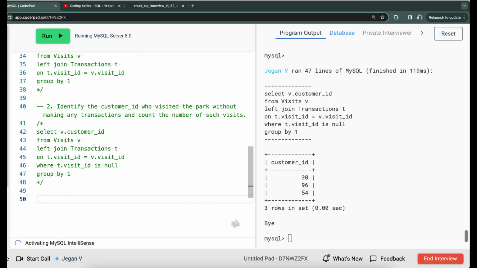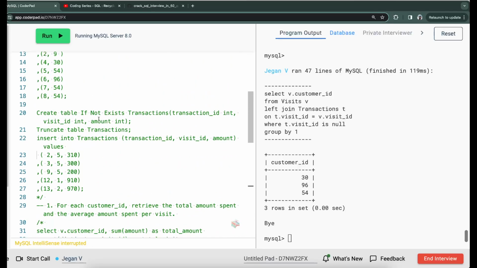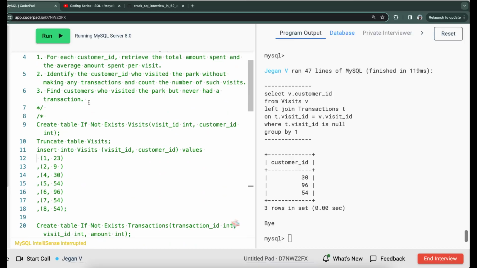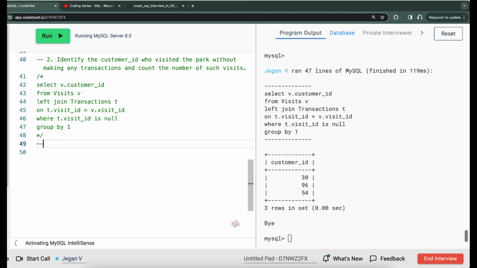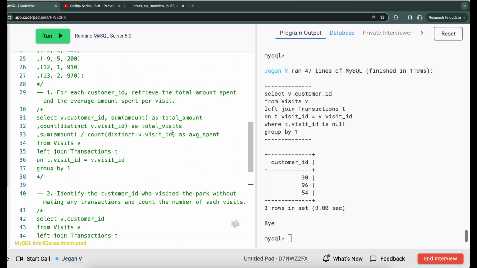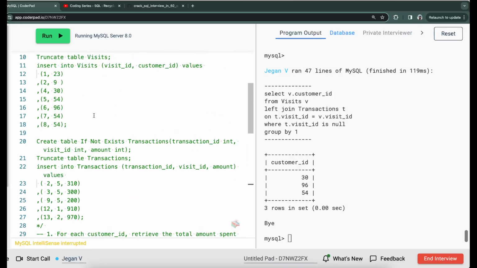So the third question is: find the customers who visited the park but never had a transaction. Never had a transaction means, if you see customer 54, they had 3 visits, visit ID 5, 7 and 8.